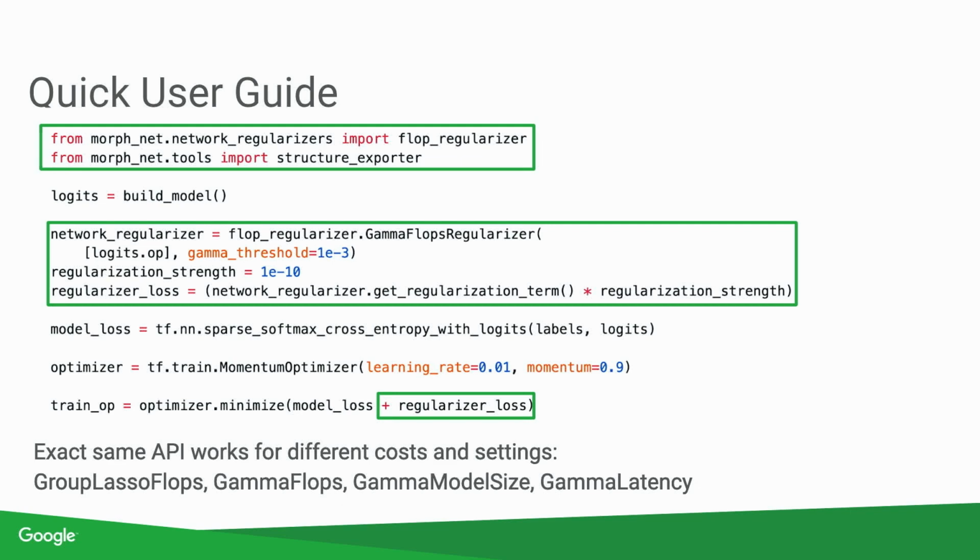Then you use the abstraction that we think of as a network regularizer. An instance of a network regularizer is the flop regularizer, which regularizes flops. You compute the regularization term, multiply it by the regularization strength, pretty straightforward, and add it to your optimizer as a target. And notice there are two hyperparameters floating around there, the regularization strength and the gamma threshold, and I'll tell you a little bit about how to think about them.